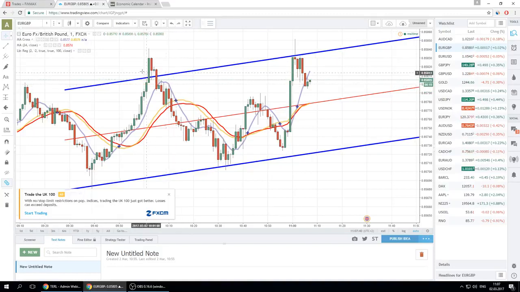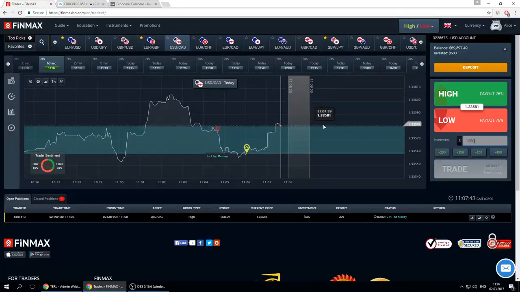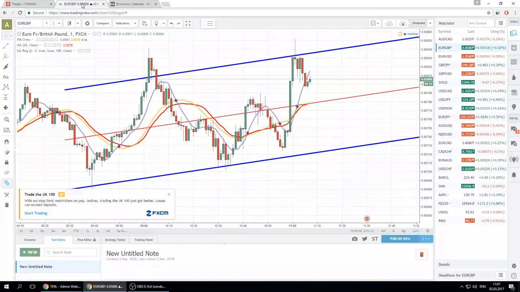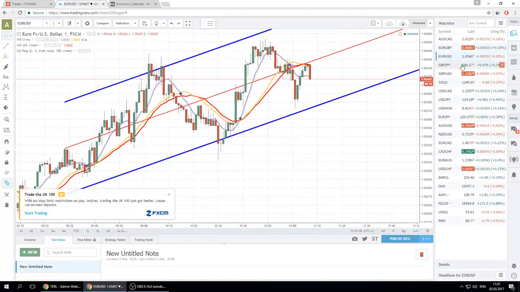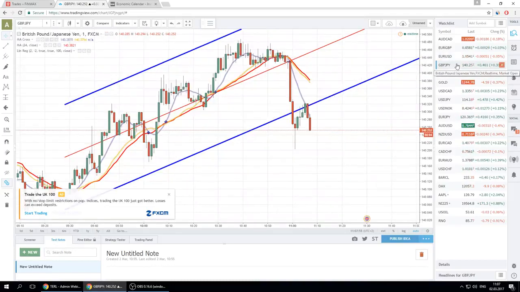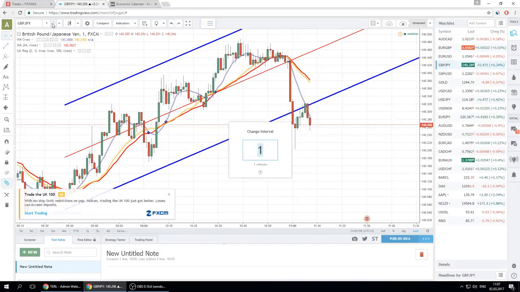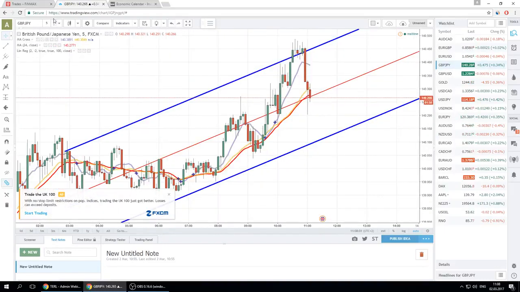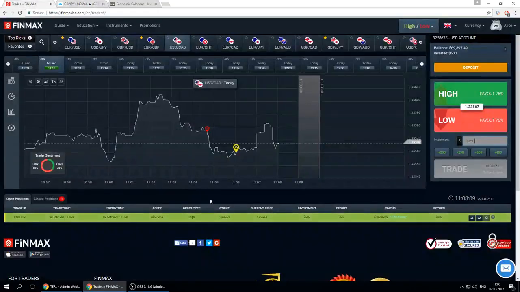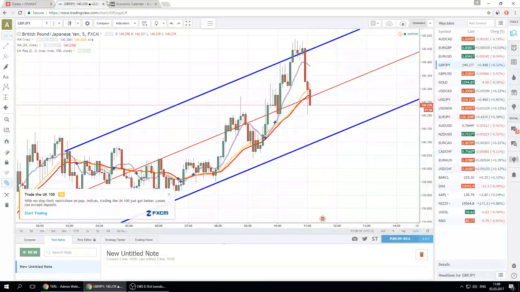I would better open for up, but as it's not clear, I won't do that. As we see today, right now, British pound is showing us a downtrend, moving down. Okay, this one is in the money.